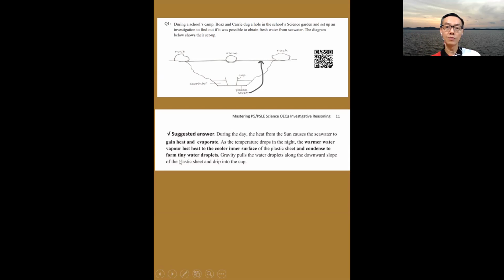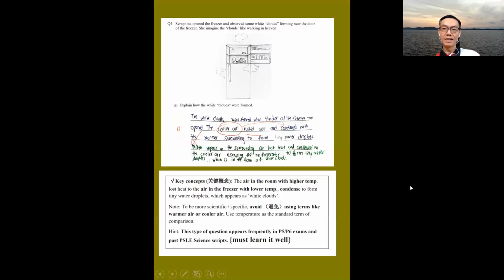And condense to form tiny water droplets. So I urge students to memorize these, to get a book and learn from the suggested answer here.